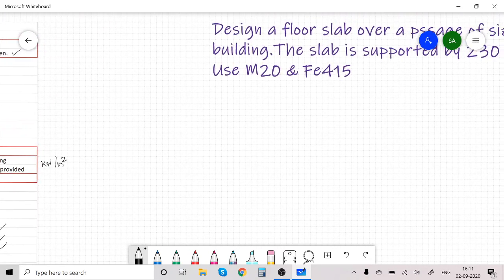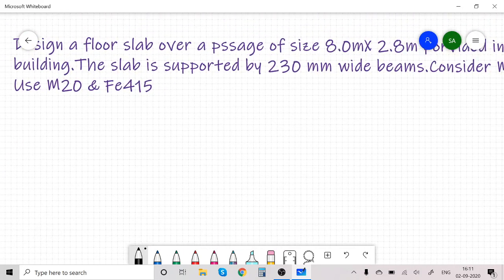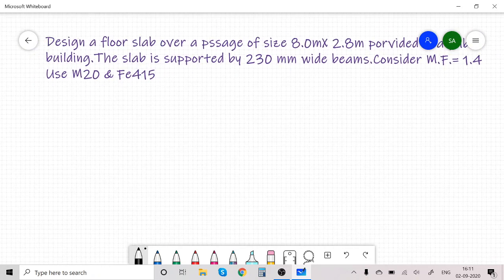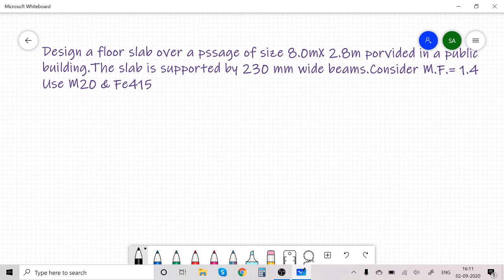Now let us take one example. Now in this, the given thing, I will just read the problem.